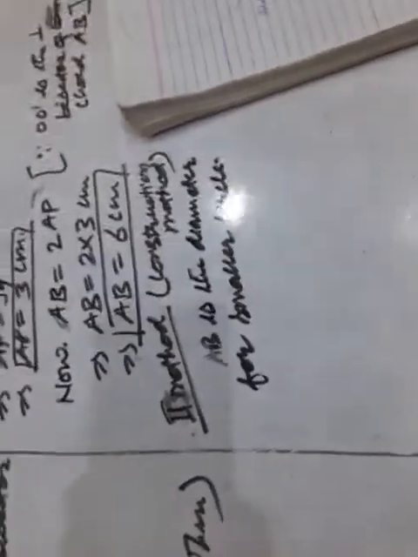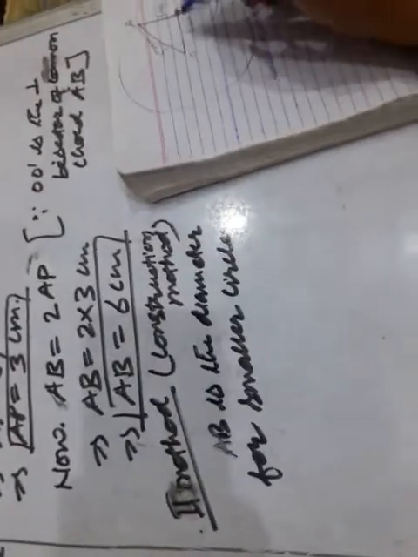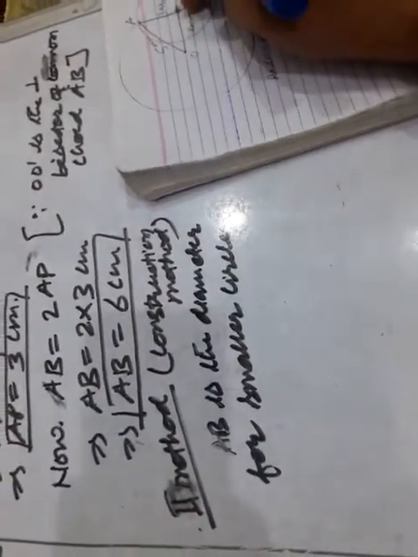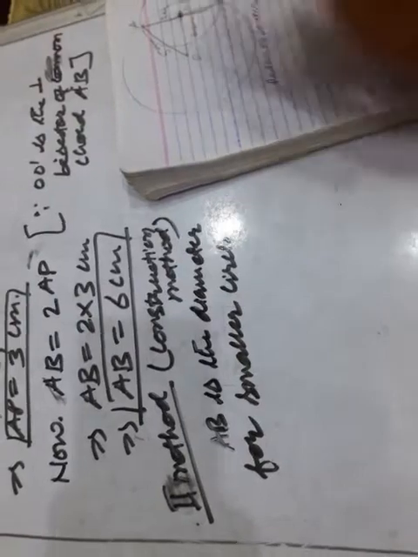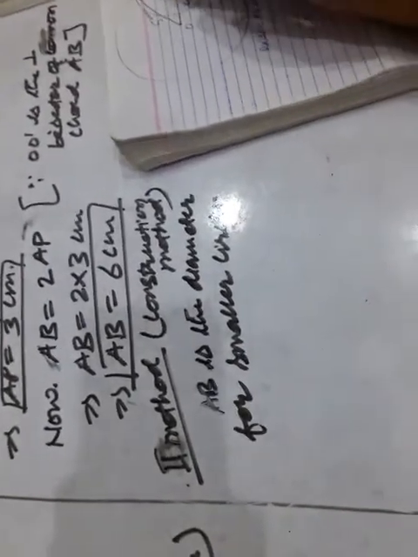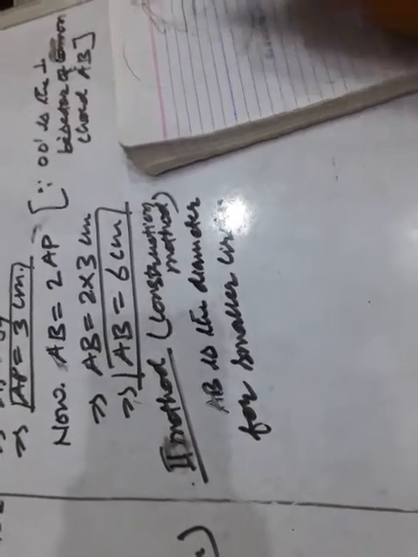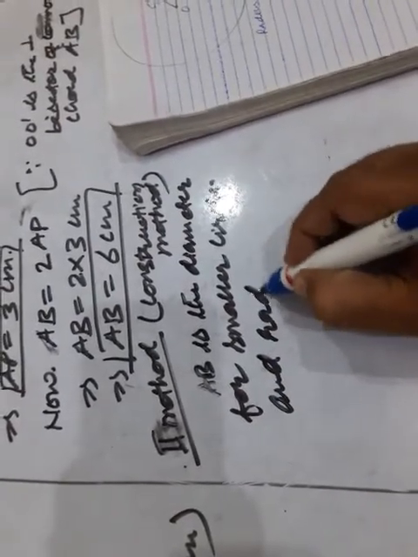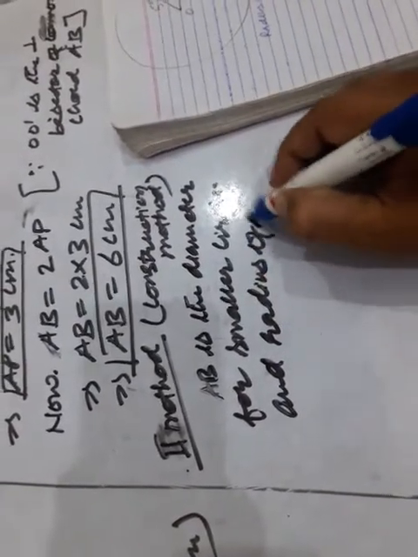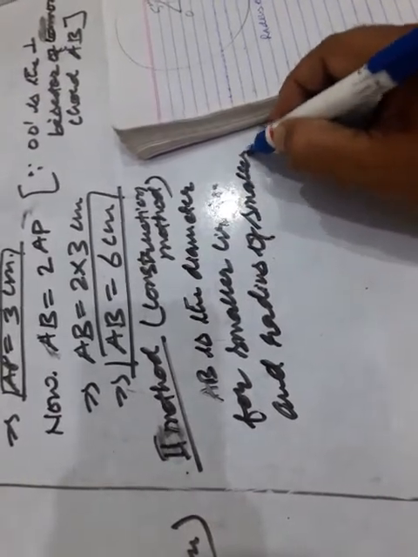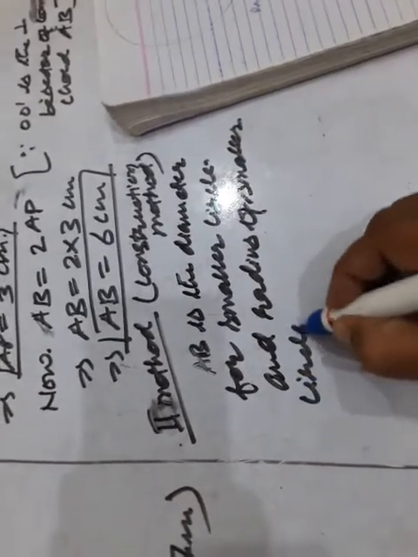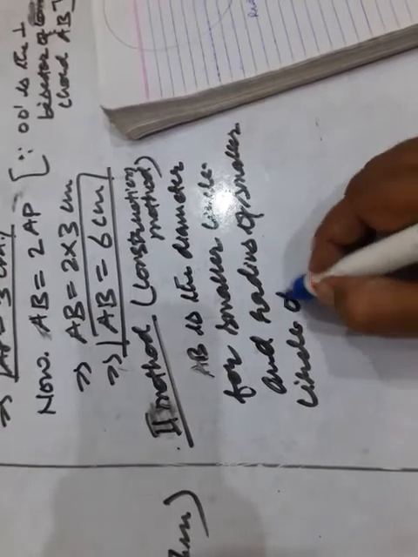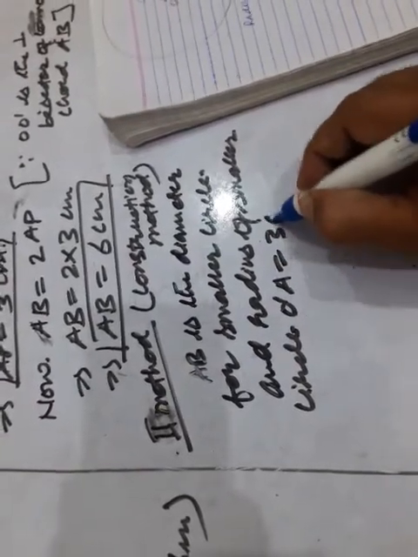Okay children, now you see, the radius of the smaller circle, that is O dash A equal to 3 centimeter.